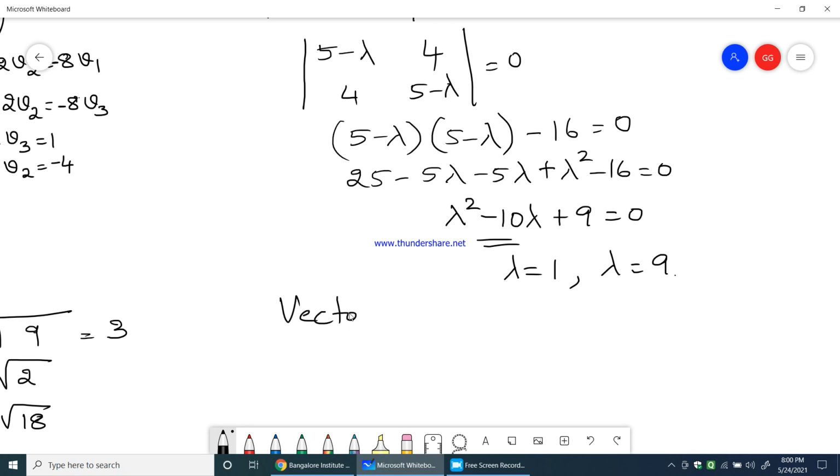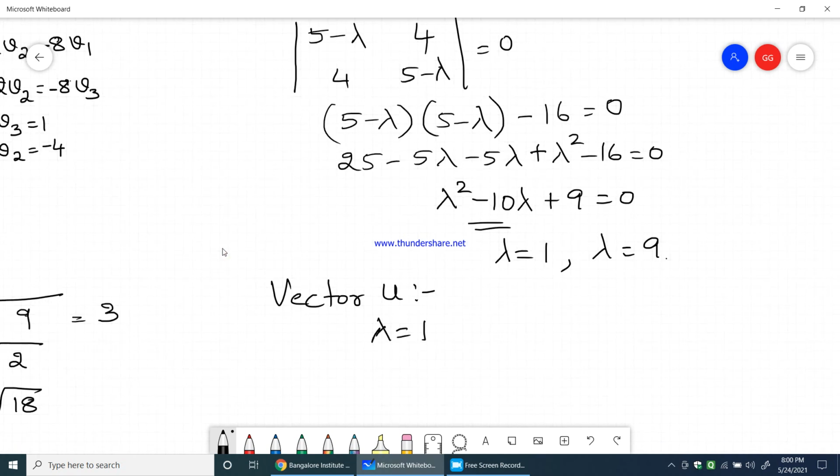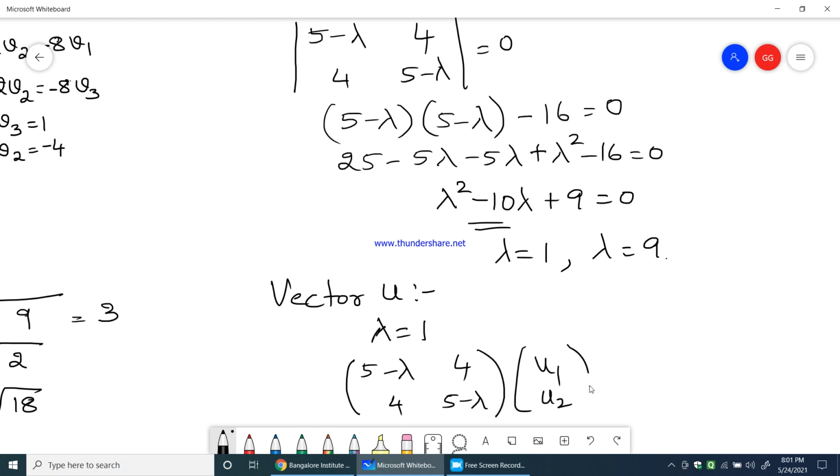Now let us find vector U after finding the lambda values. When lambda equals 1, what happens to the matrix? It is 5 minus lambda, 4, 4, 5 minus lambda, multiplied by u1 u2 equals 0.